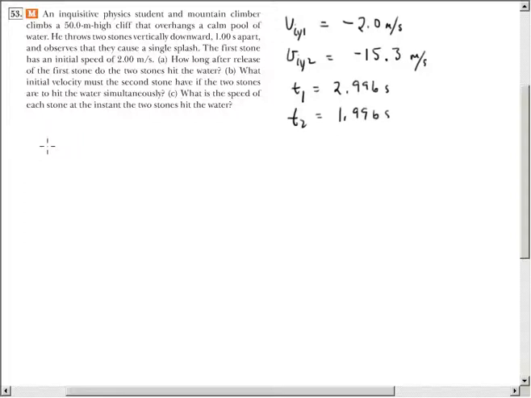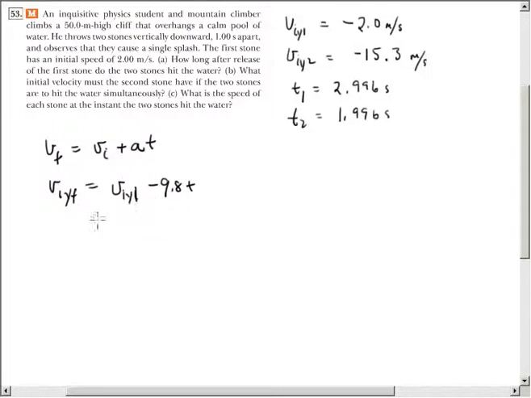We do have a relation. The final velocity is equal to the initial velocity plus the acceleration times the time through which the acceleration occurred. In this case, V1YF equal to VIY1 minus 9.8 times t.